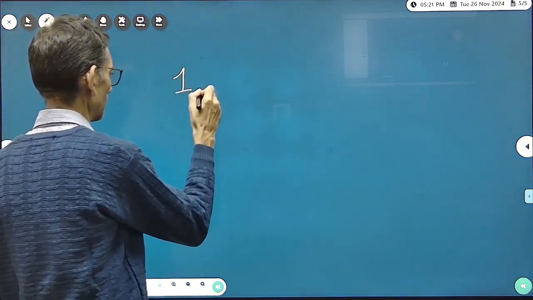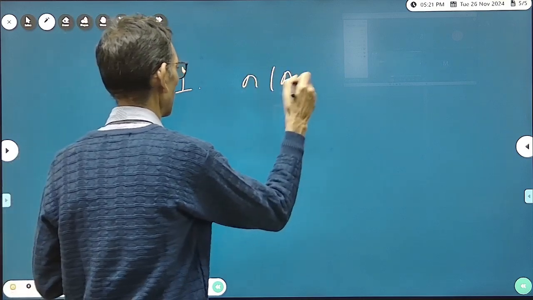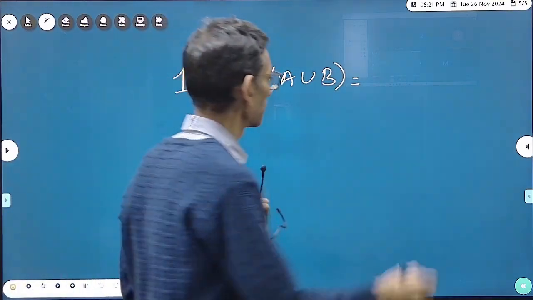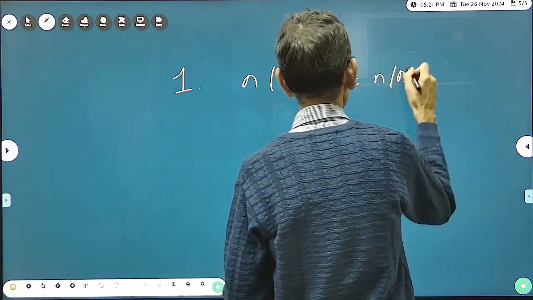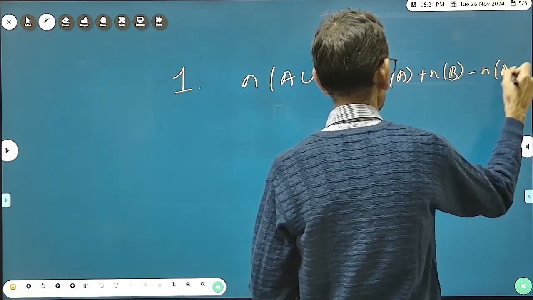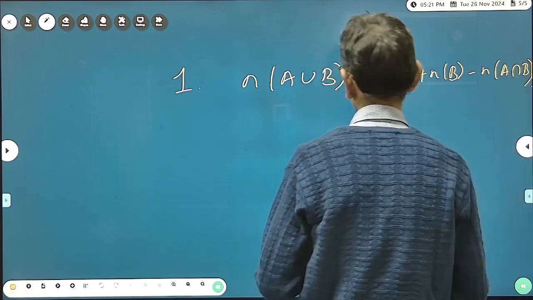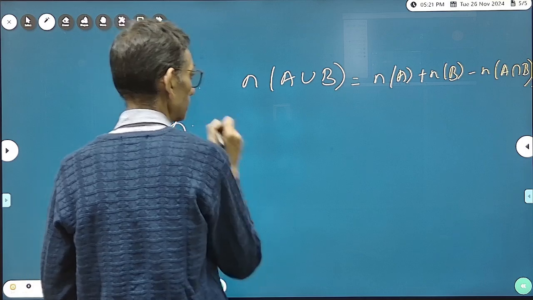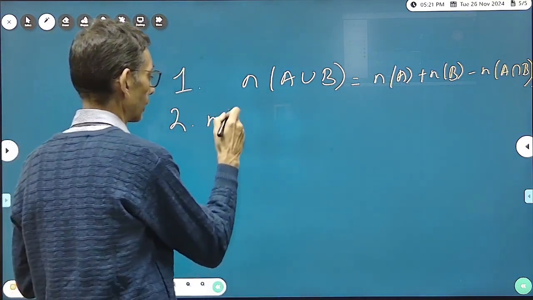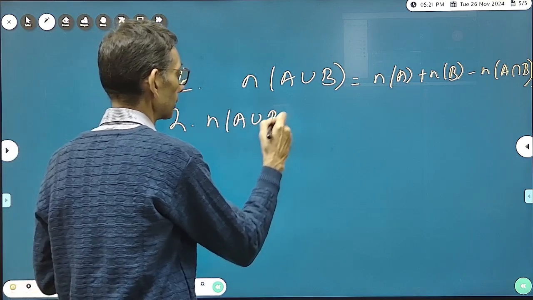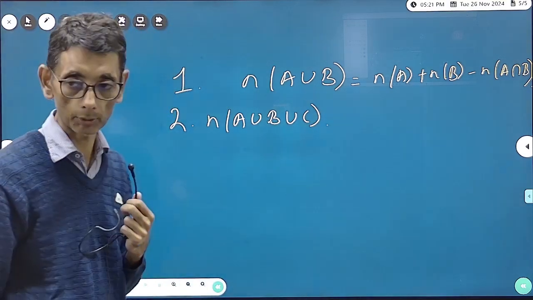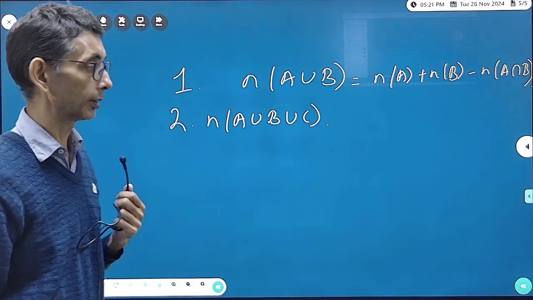Write this, very important: n of A union B is equal to n of A plus n of B minus n of A intersection B. Remember this. Then n of A union B union C, if there are three sets, how to find the cardinal number of A union B union C?